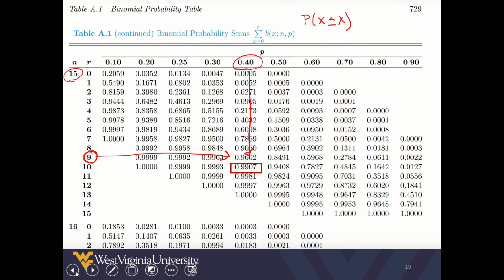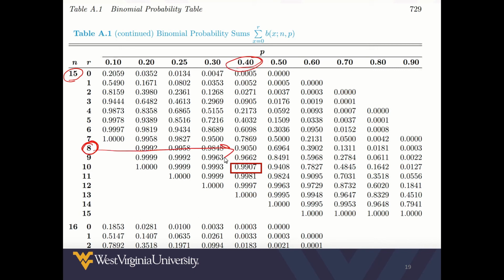Going back to our table. Okay, so erasing the previous stuff now, taking a look for our problem. So our numbers of interest were 8, still 0.4 probability. So that would give us probability of x less than or equal to 8 to be 0.9050.